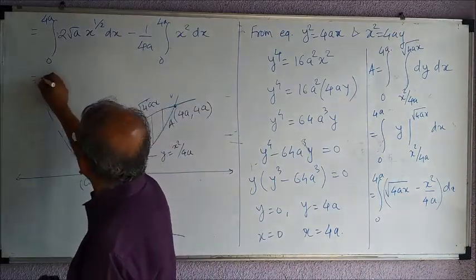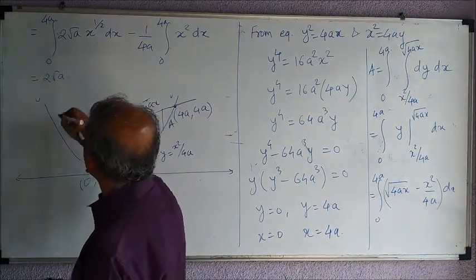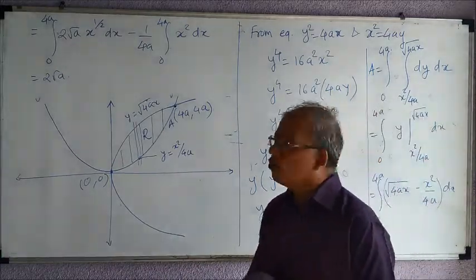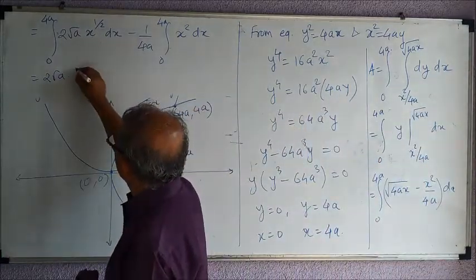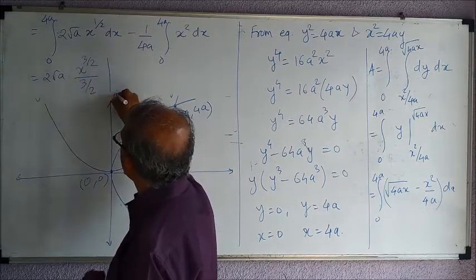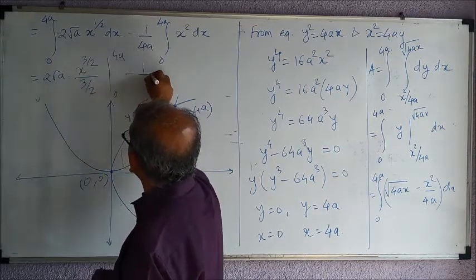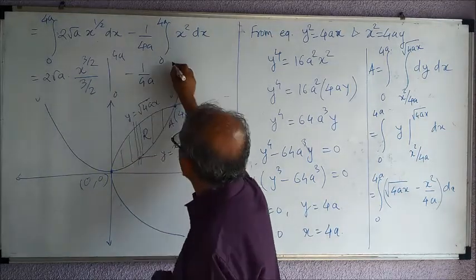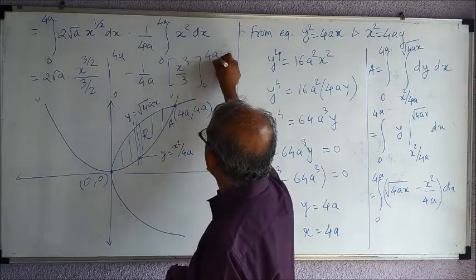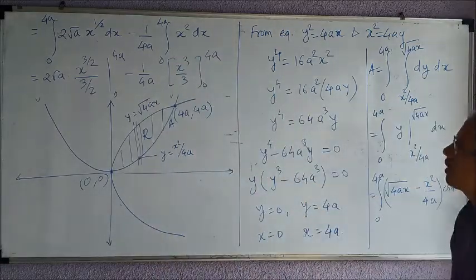So this is equal to 2 root a into, now this is x raised to half plus 1, so 3 by 2, upon 3 by 2. So x raised to 3 by 2 upon 3 by 2 from 0 to 4a, minus 1 by 4a into x cubed by 3 from 0 to 4a. Right?